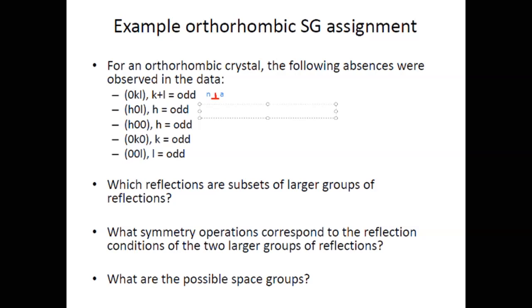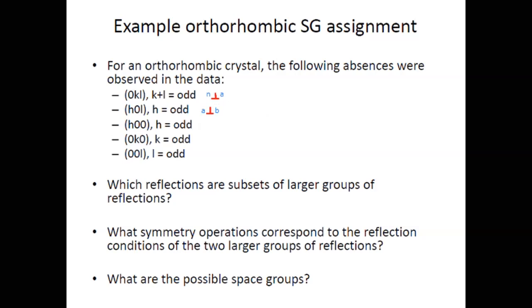And since H is the only one that has to meet the odd criteria, that tells us we translate along X. So this is going to be an A glide perpendicular to B. So we're kind of working backwards to determine what types of symmetry operations were performed.